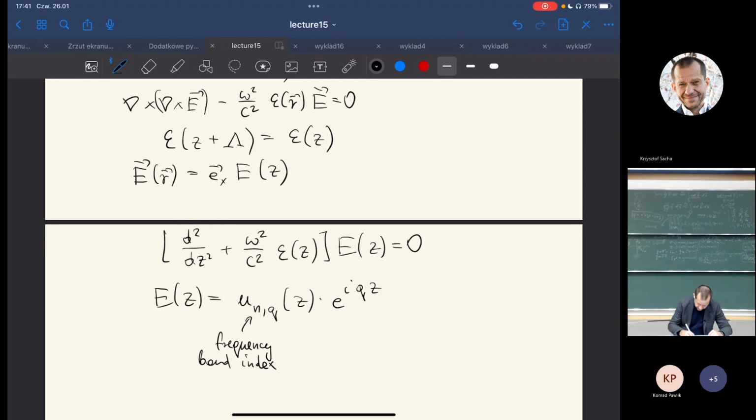And there is that quantity which we can call quasi wave number, which is, let's say, the analog of the quasi momentum. Wave vector, but we consider actually a one dimension situation.